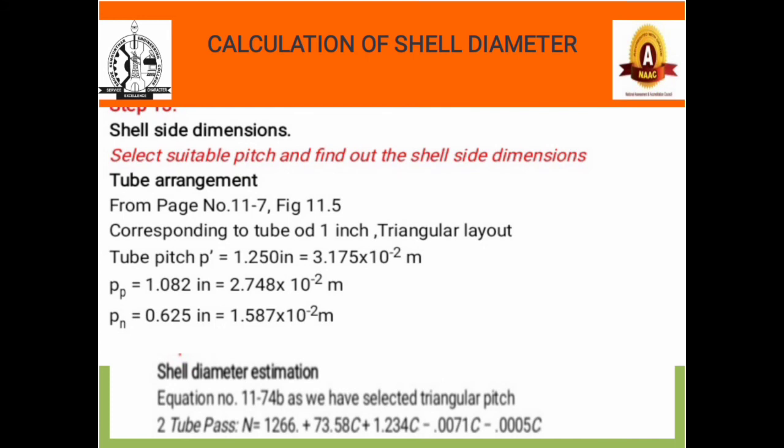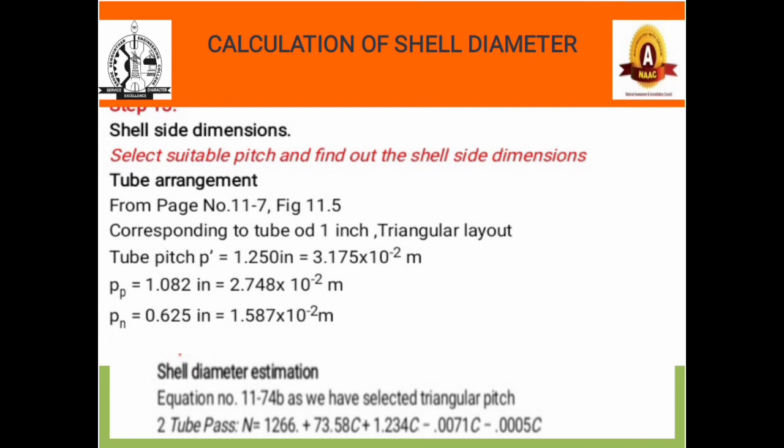Then next we can go to the shell side dimensions. We can calculate the shell diameter. To calculate the shell diameter, we have to refer to equation 11.7 from the Perry book. For a given triangular pitch, for a given layout, we have to choose the values for PB and PN. So here the triangular pitch is chosen. For a given triangular layout, tube pitch P' equal to 1.25. The corresponding PB and PN values are taken.